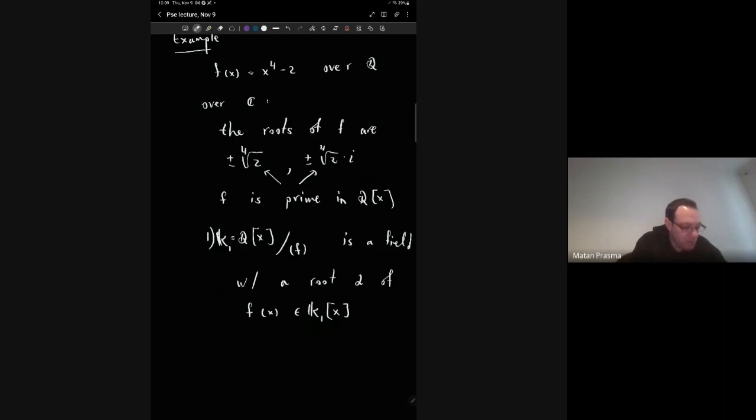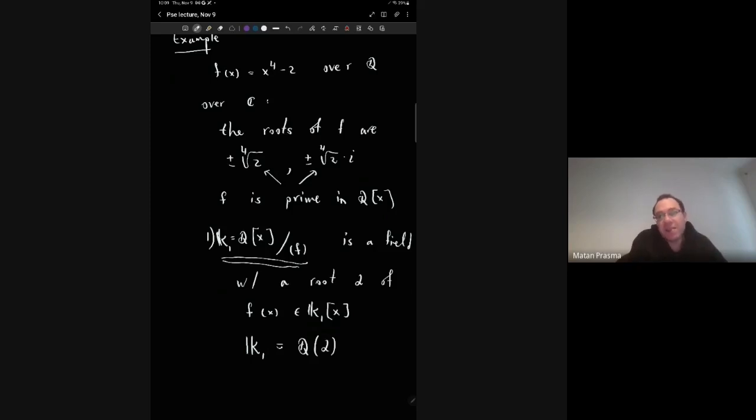From the point of view of this first extension K1, it doesn't matter, because K1 would be Q adjoined with alpha, namely the minimal field containing Q and alpha.